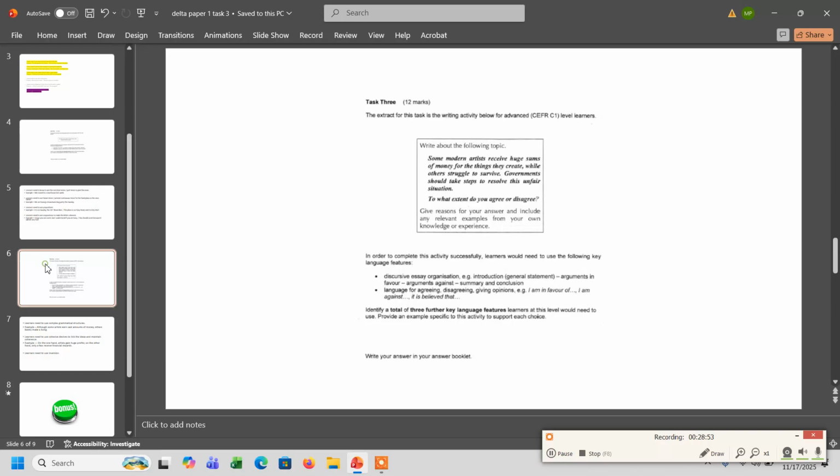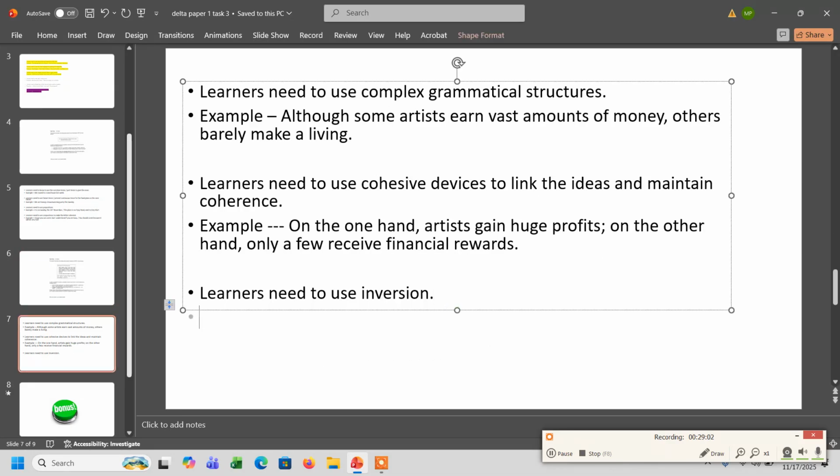Like inversion. Wait. Well, I would write down like this for inversion.